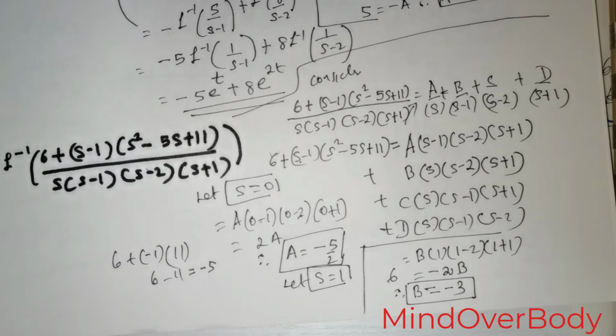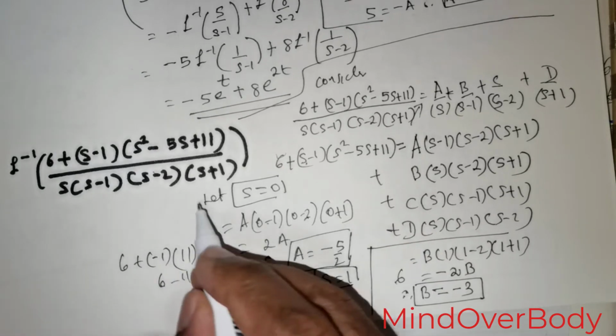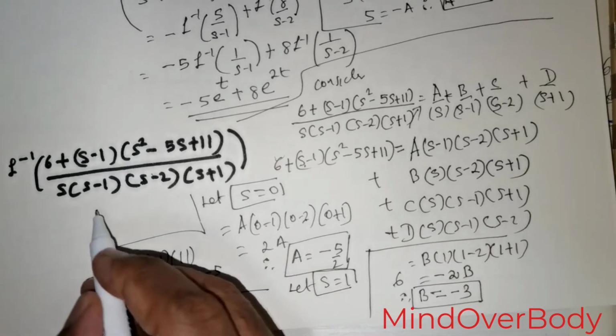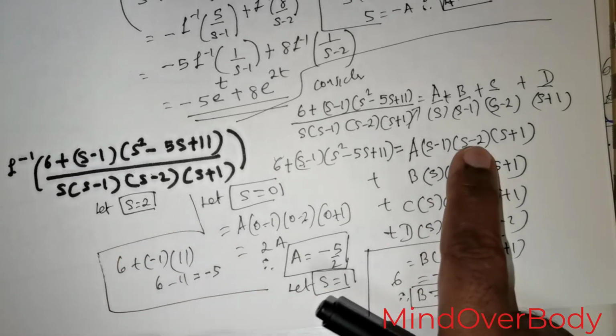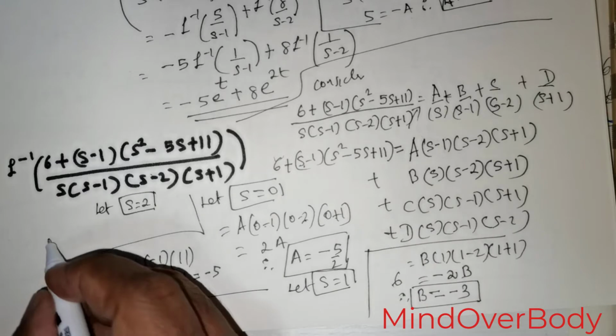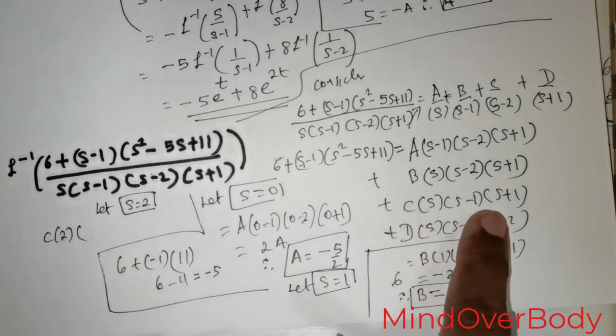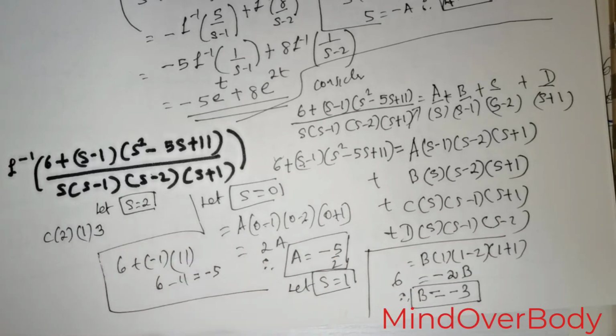Okay, I got a value for b, and now it's time for me to obtain the value for c. Now to get the value for c, let me just take s to be equal to positive 2 first. Let me get rid of d. So I'm using this space here. So let s be equal to 2. If I were to take s is equal to 2, this will vanish, this will vanish, this will vanish, but this would not vanish. So it's going to be c of 2 times 2 minus 1 will give me 1, 2 plus 1 will give me 3.